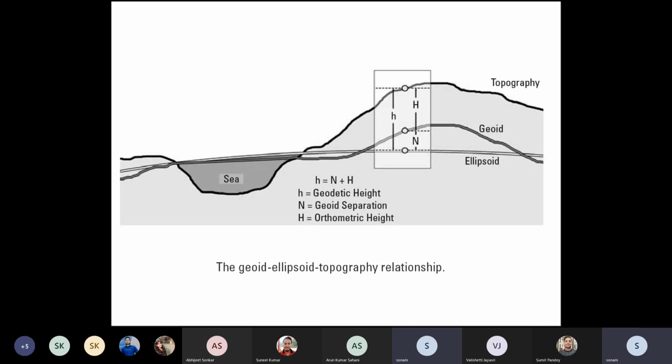At several places in the United States, it is negative, below the ellipsoid. So these are the two basic heights you need to remember, geodetic height and orthometric height. One is measured from the ellipsoid and the other from the geoid or MSL. This is the relationship between the geoid, ellipsoid and the topography.